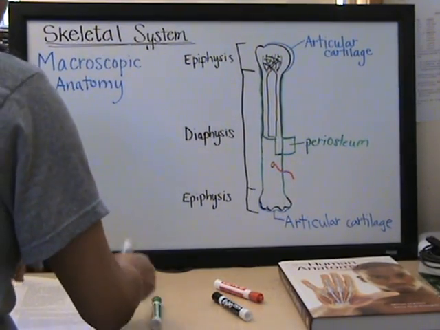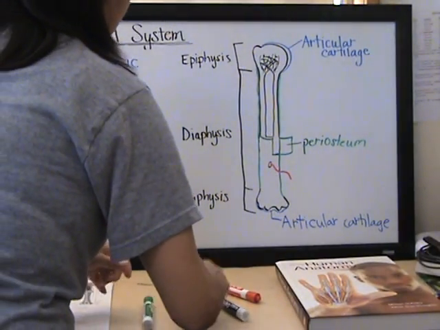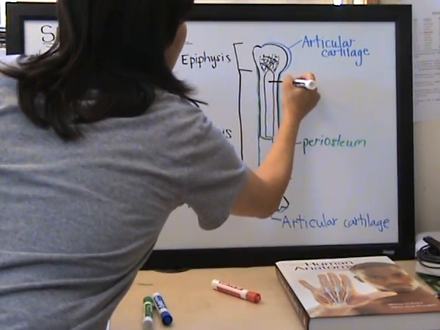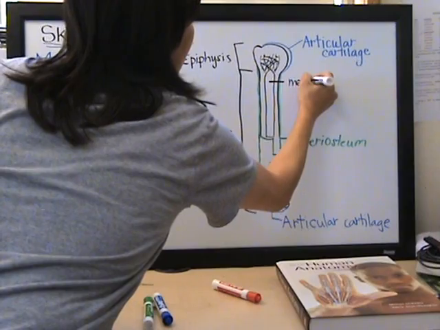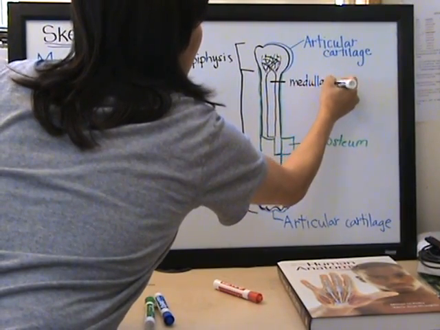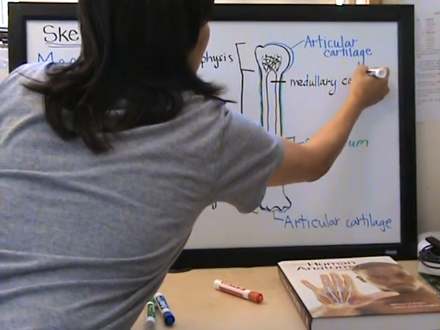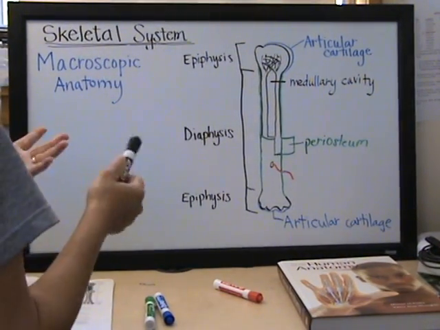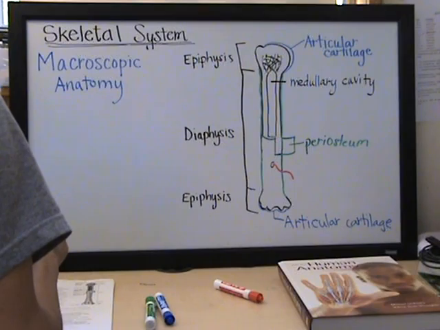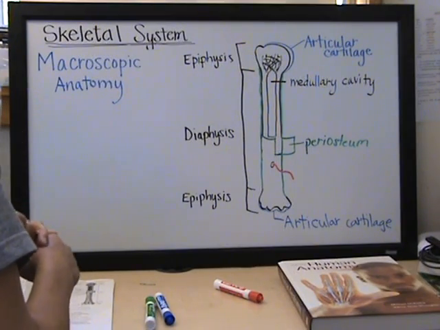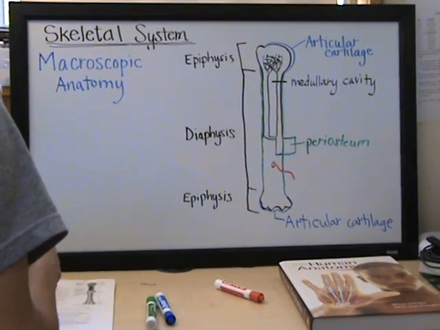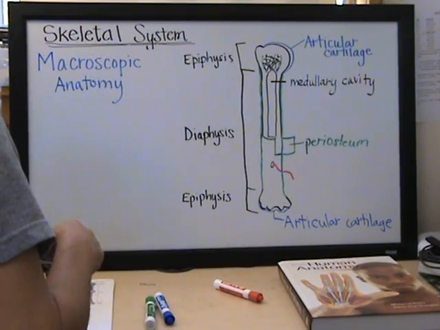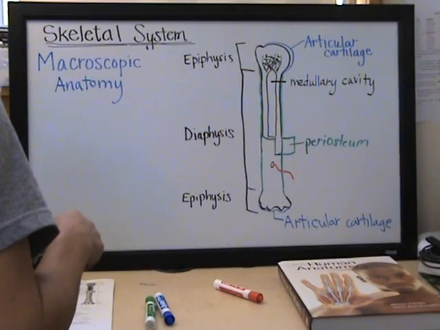We have the inside region here called the medullary cavity. When we're young, that cavity is filled with red marrow, which produces red blood cells, but as we get older, that red marrow is eventually converted into yellow marrow, or fat.